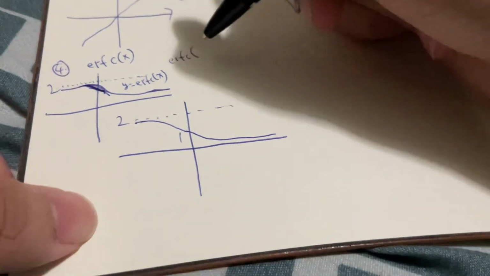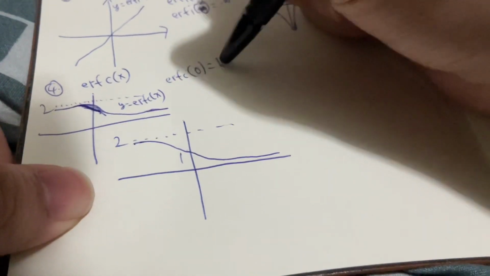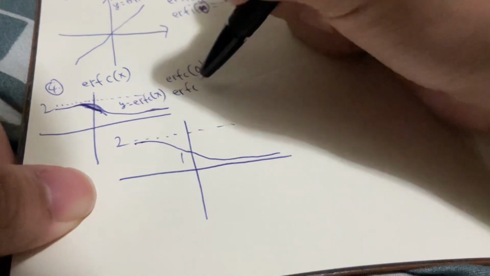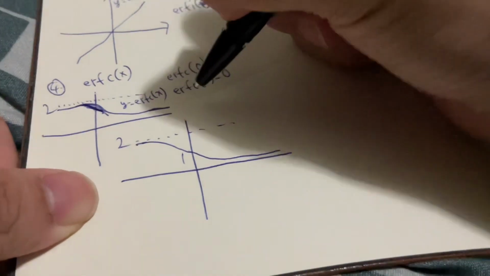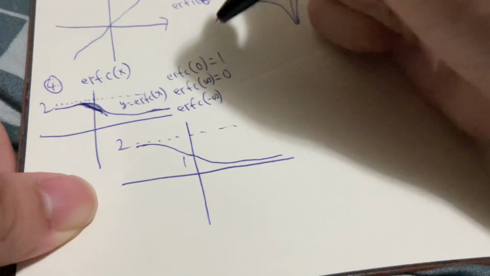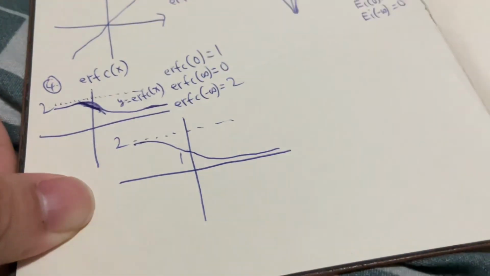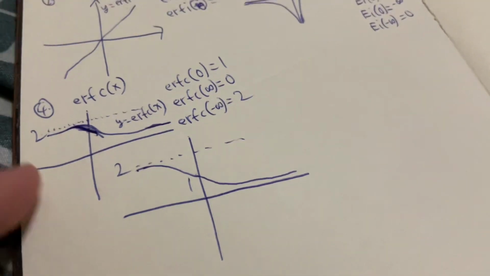So ELFC of 0 is 0 to 1. ELFC of infinity is equal to 0, and then ELFC of negative infinity, this is a special one, is 2. This approaches 2, right?